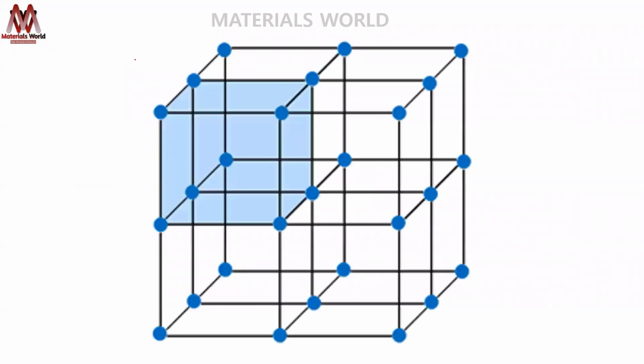Here you see. Let's go to this, my typical cubic. If I'm drawing end and base center, that means I will put atoms at the end face and base center. I will put atom at end face. Now, if you notice here, guys, you see this.